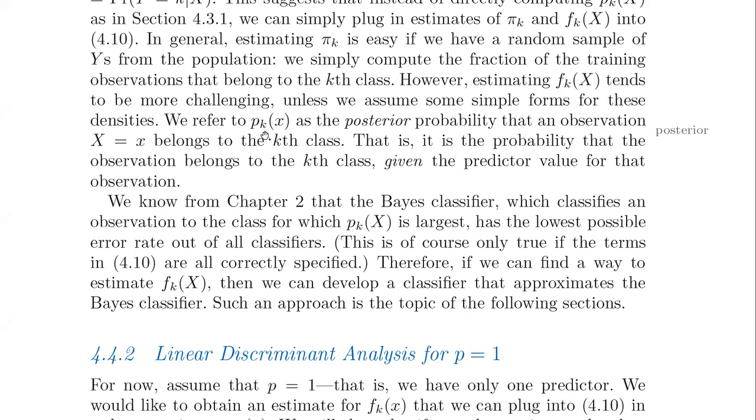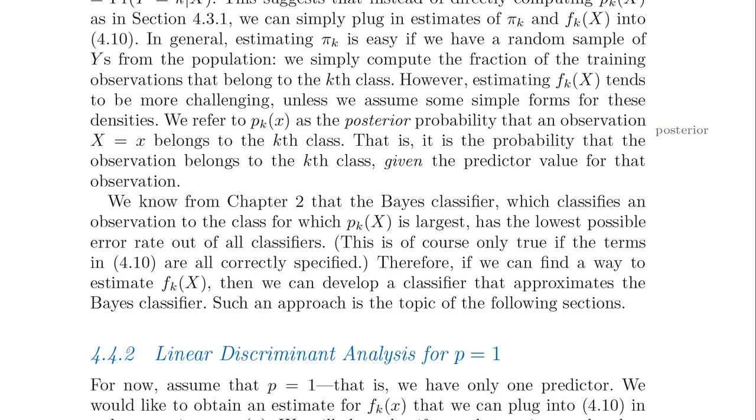We refer to p k of x as the posterior probability that an observation X equals x belongs to the kth class. That is, it is the probability that the observation belongs to the kth class given the predictor variable for that observation. We know from chapter 2 that the Bayes classifier, which classifies an observation to the class for which p k of x is largest, has the lowest possible error rate out of all the classifiers.